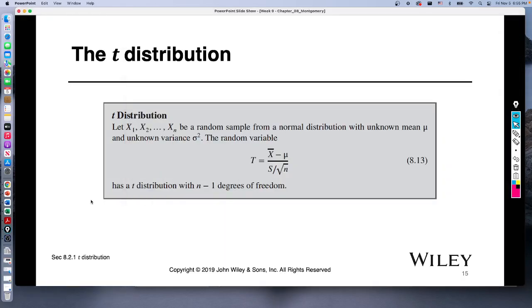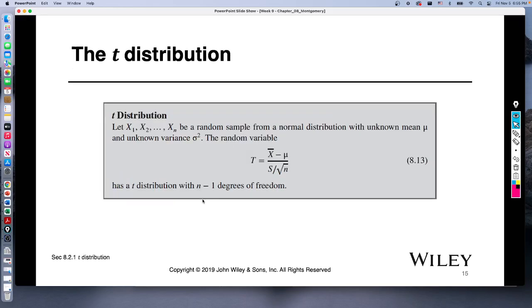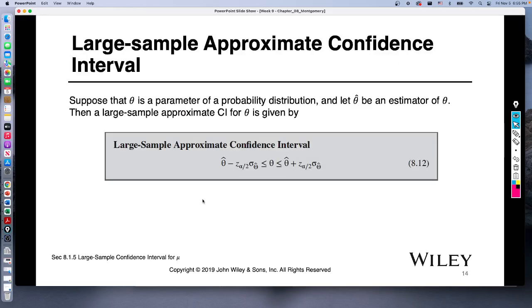So let's take a look at how we apply that. First of all, we use it just like we did a z. We're going to look the number up, and this is the same formula that we've been using, except we had a z here, right? Let's go back a couple slides.